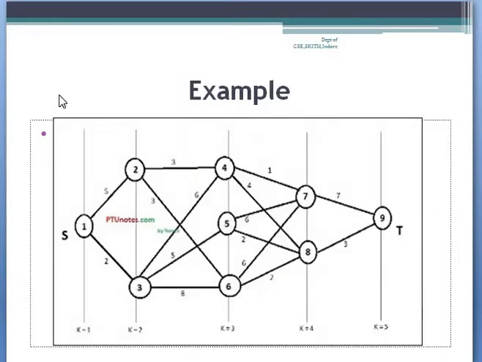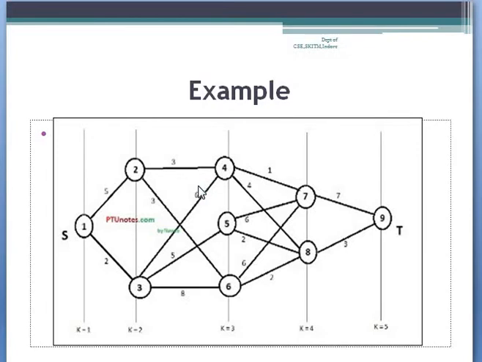So let us consider one example. Here we have to find the shortest path from the source node S to the destination sink node T. What we are doing is dividing the vertices or nodes into stages.